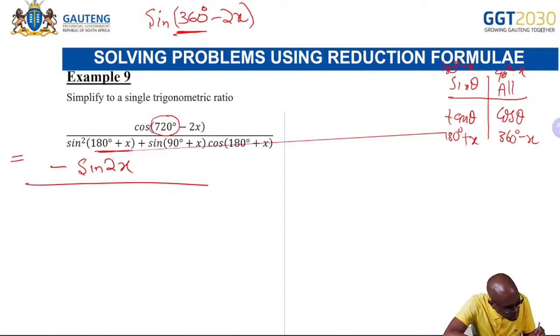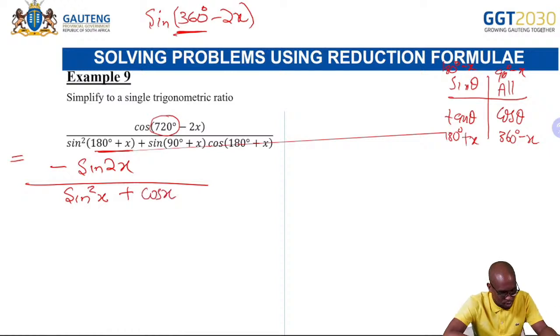But because it is squared, this would work out to be positive sine squared of x, plus the sine of 90 degrees plus x. 90 plus is in the second quadrant, and sine is positive there. However, it has to change to cos x.